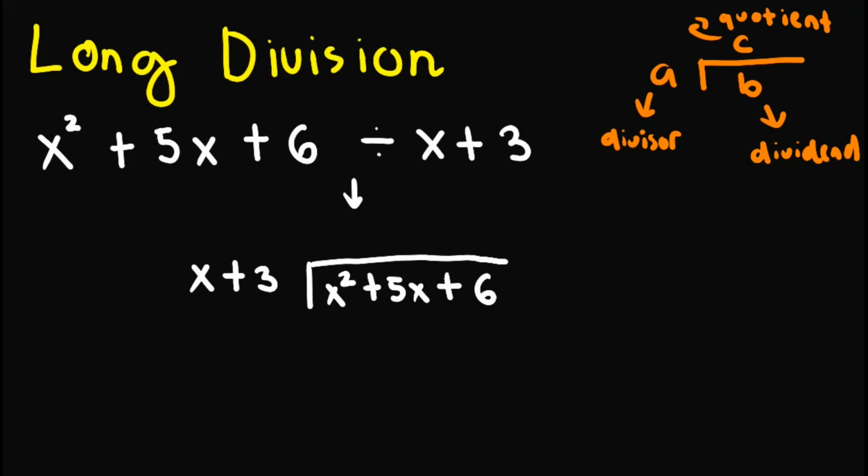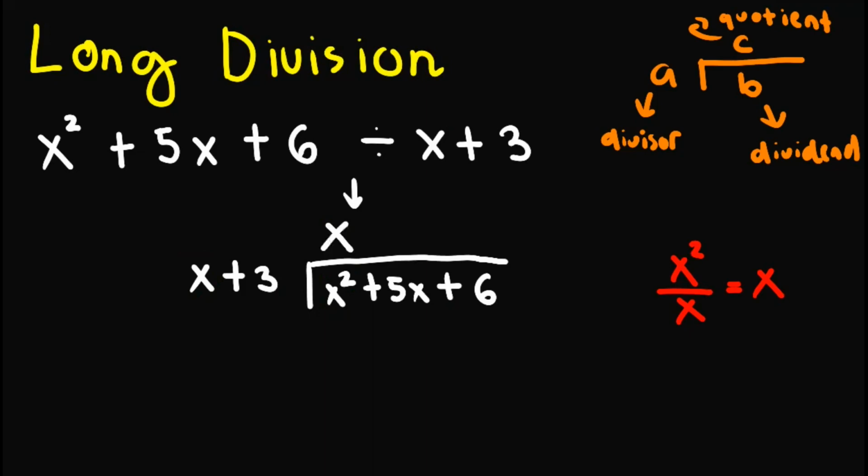So the first term is this term out here. We have x squared over x, which is simply x. And so we will have this result as the first term of the quotient.